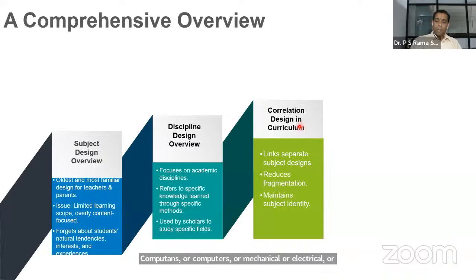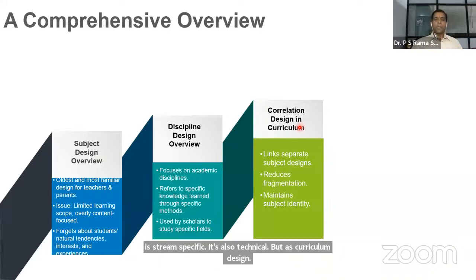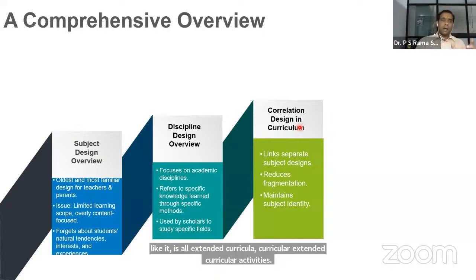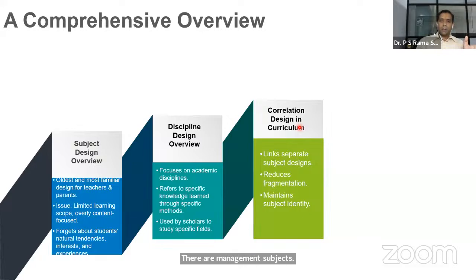It is also technical. But curriculum design is a complete overview. There are curricular, I think I cannot use co-curricular because NEP has abandoned those words. It is all extended curricular activities. There are management subjects in it.